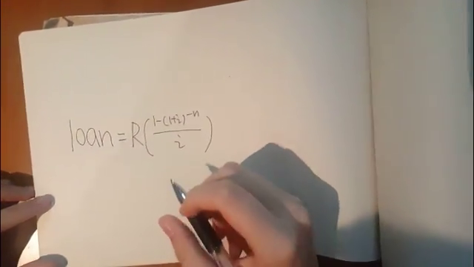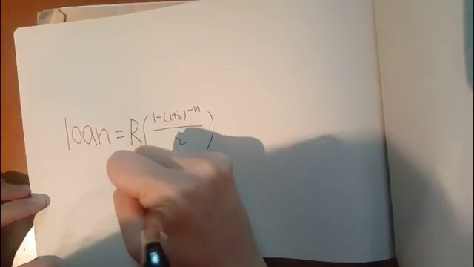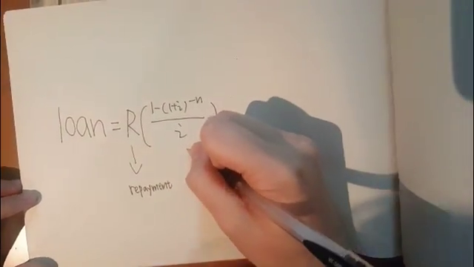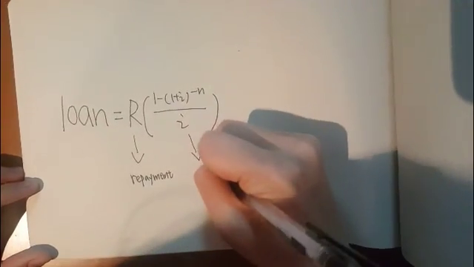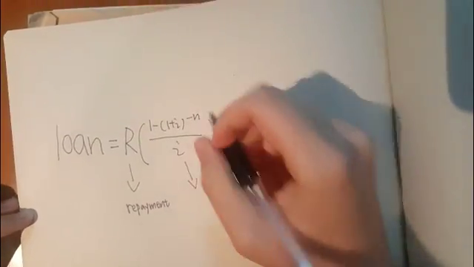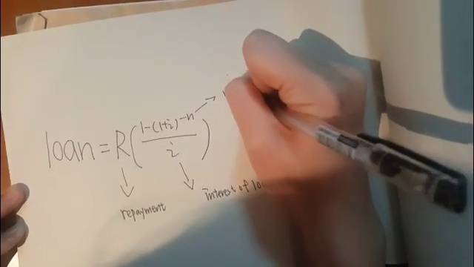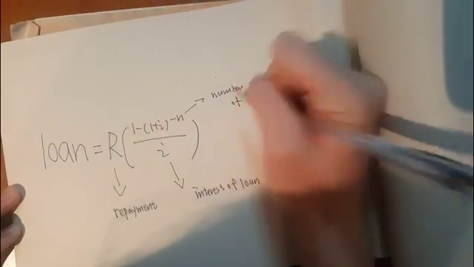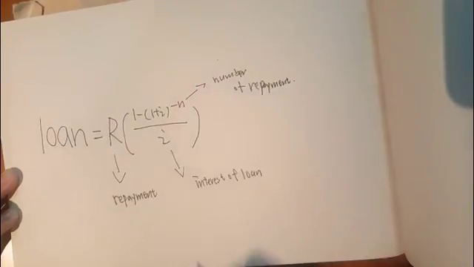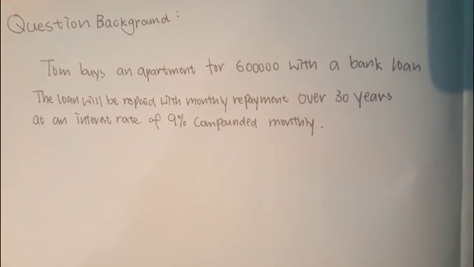Here is the formula, and the R stands for the repayment, and the I stands for the interest of the loan, and M stands for the number of repayments. After we know the formula, we can use it to do the question.